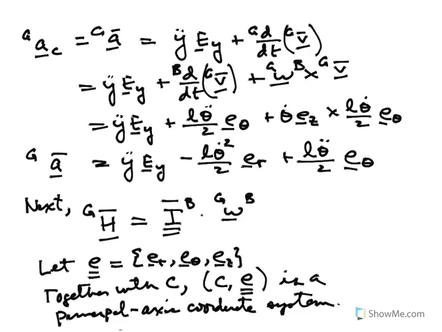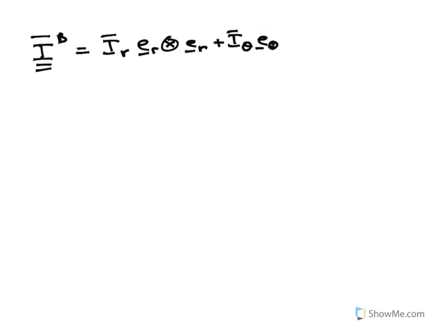From this we can write that the inertia tensor, in tensor form, is equal to IR bar ER circle cross ER plus I theta bar E theta circle cross E theta plus IZ bar EZ circle cross EZ. But remember, we generally write this in its matrix representation.